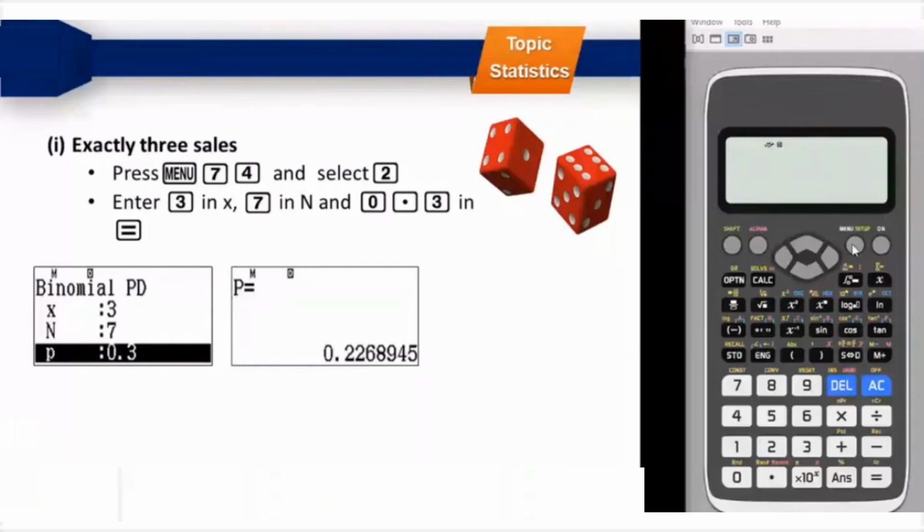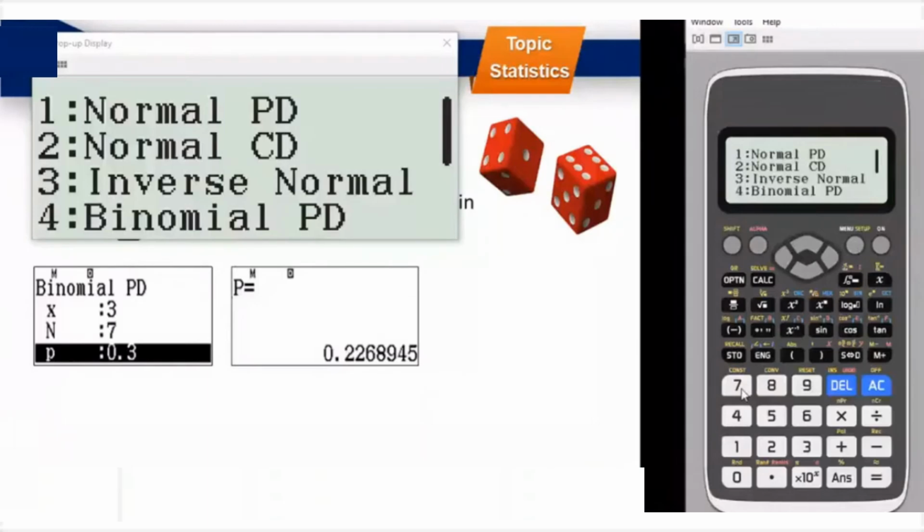In the calculator, statistics is divided into 2 sections, menu 6 and menu 7. When we refer to menu 7, we are talking about distribution. When we are in menu 6, we are talking about measures of central tendency. So it's a question of binomial distribution.